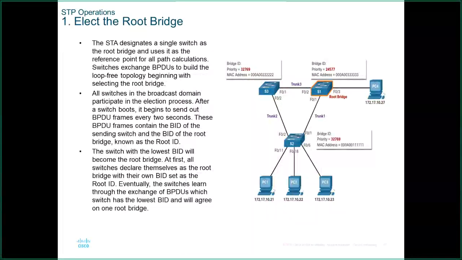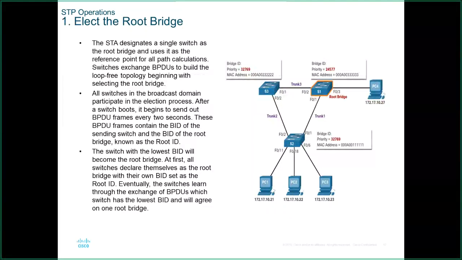So if that was the only deciding factor, the lowest bridge ID would be on switch 2 because it has the lowest MAC address. But switch 1 has been adjusted to have a priority of 24,577, which means it now has the lowest ID and it will become the bridge.